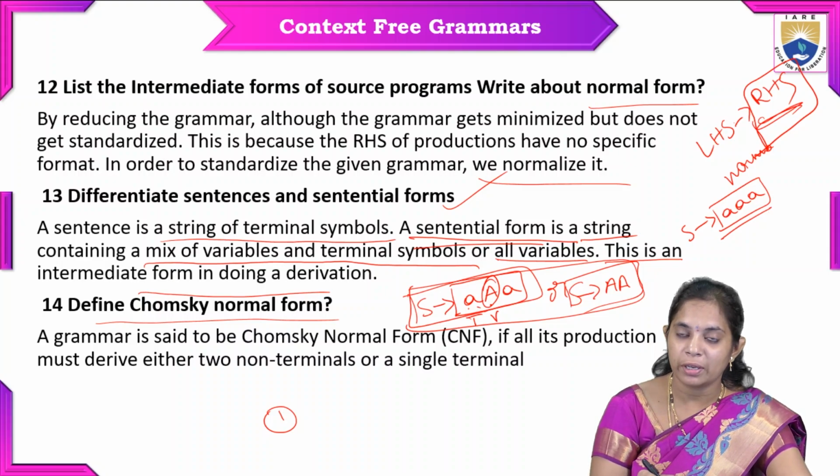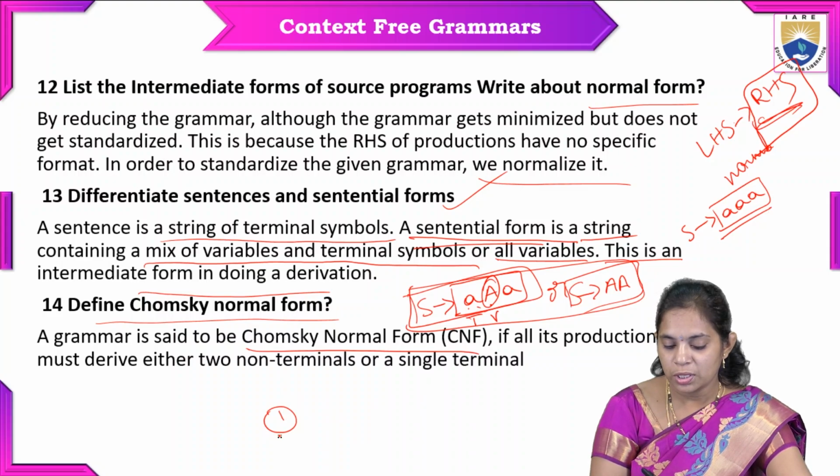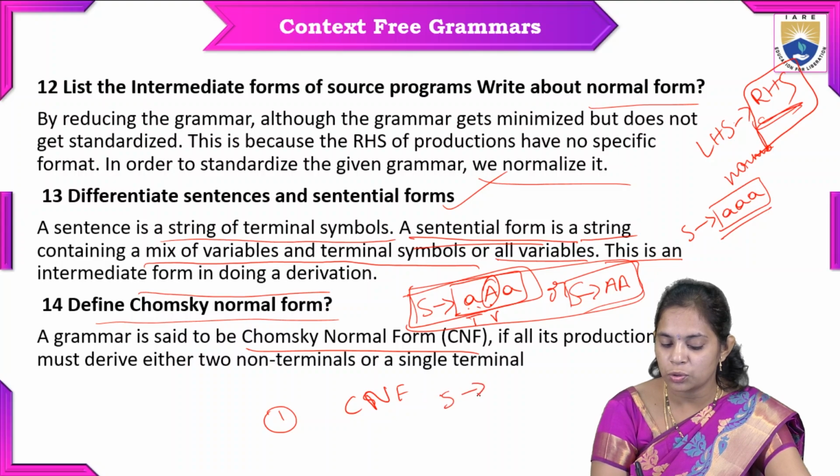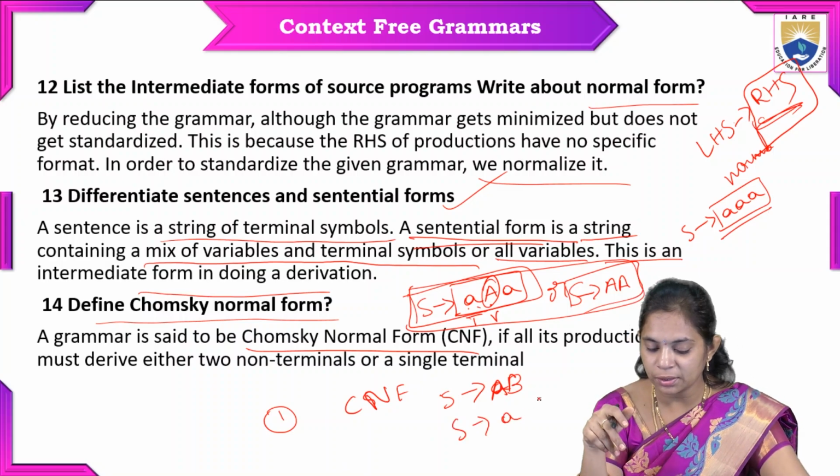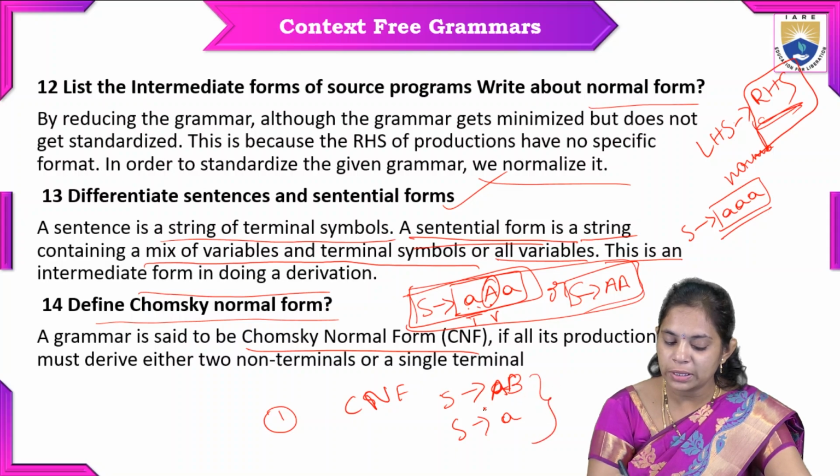The Chomsky normal form, CNF, has rules like S tends to capital A capital B, where both values should be non-terminals, or a single terminal. These are the things we need to follow for the CNF.